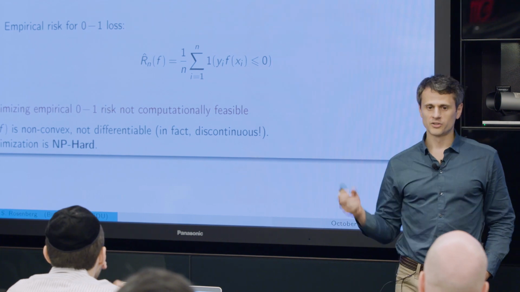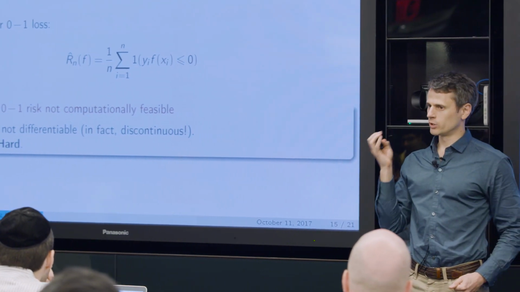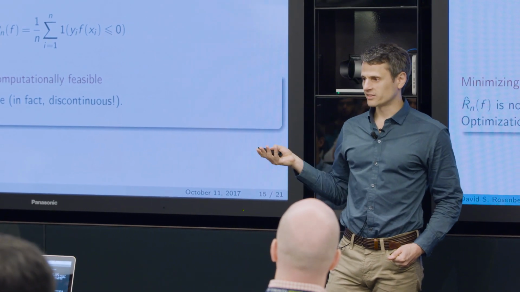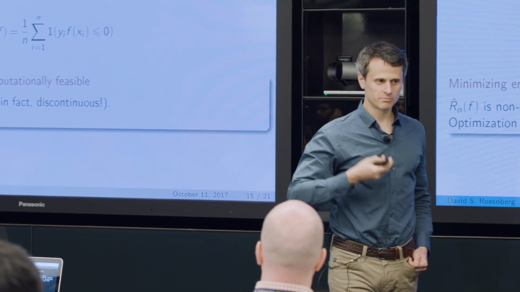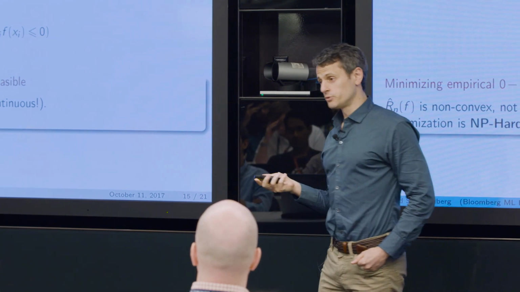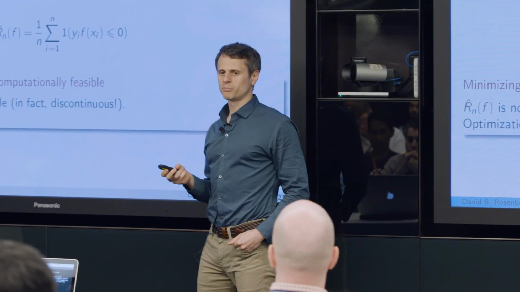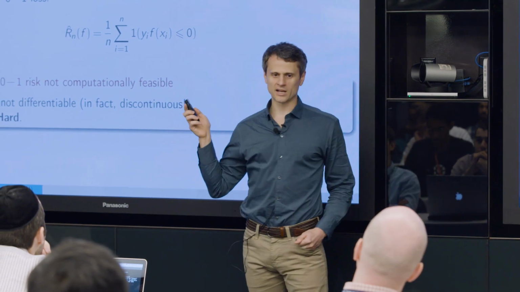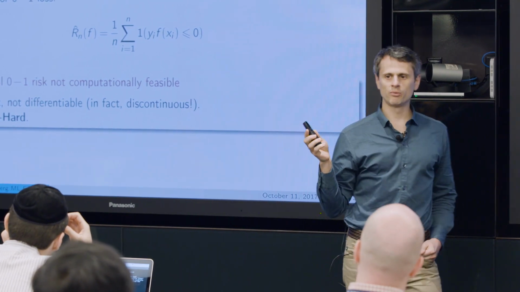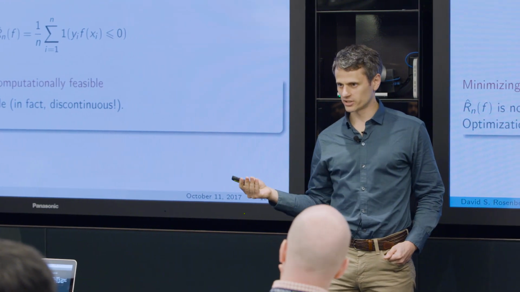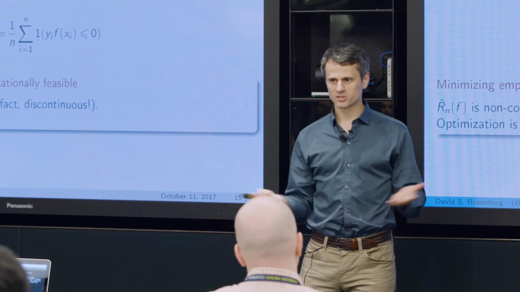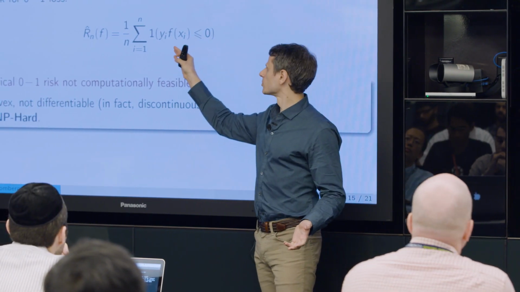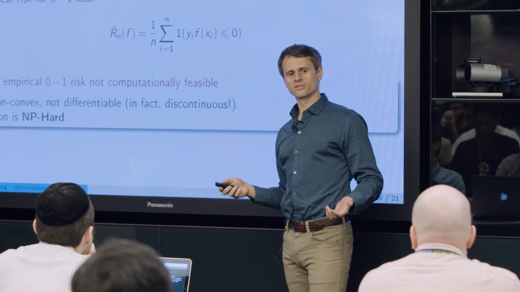Sidebar, though, this could still be what you're interested in doing well on when you deploy. And if that's the case, when you evaluate proposed prediction functions, if you care about 0-1 loss, you should evaluate the performance in terms of 0-1 loss. So we're not completely throwing out 0-1 loss. We're simply saying that when it comes to finding your prediction function, we don't know how to optimize this objective function with this loss, so we're going to have to do something else for computational reasons.